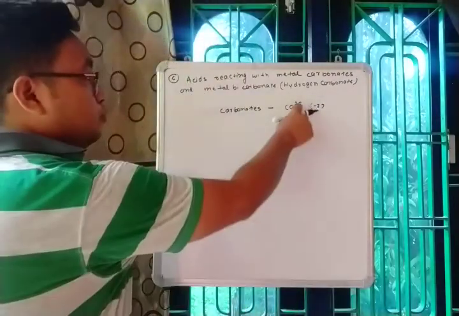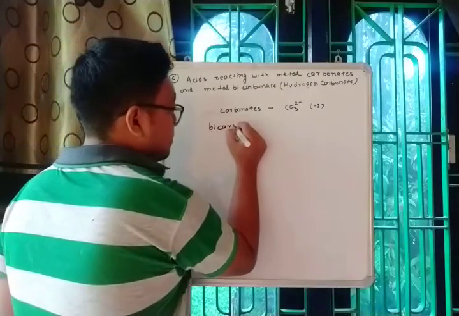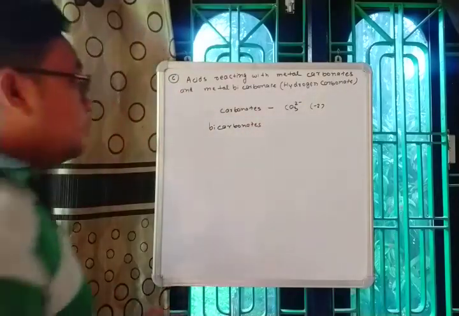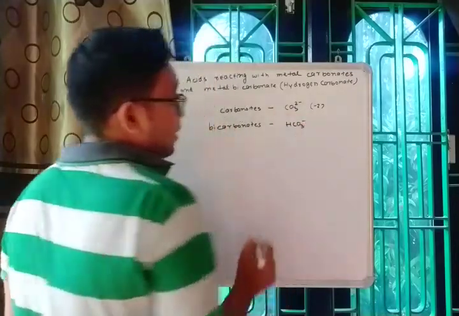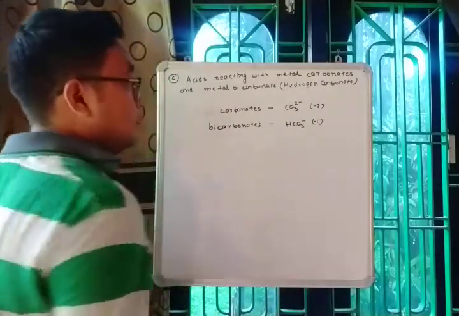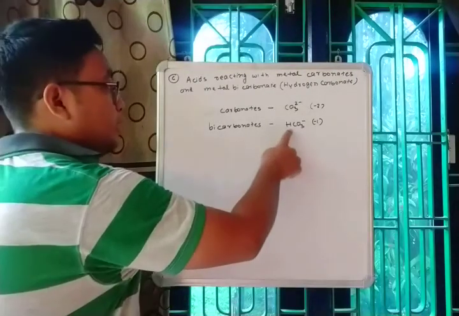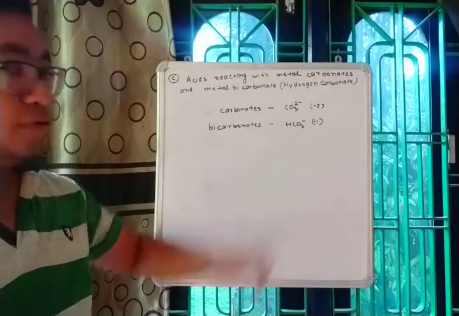And bicarbonate or hydrogen carbonates are HCO3 minus, and they have valency of -1. So there is a difference of one hydrogen atom between carbonate and bicarbonate. Carbonate means CO3 2 minus and bicarbonate means HCO3 minus.